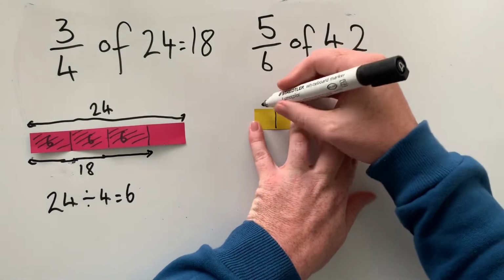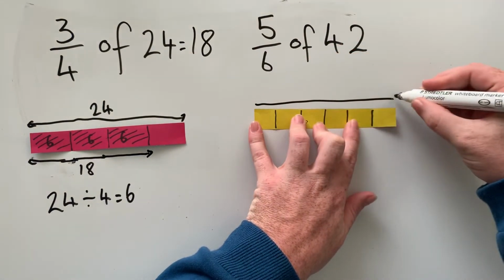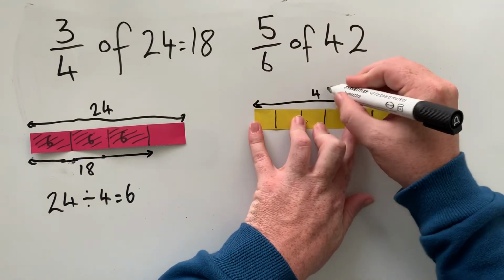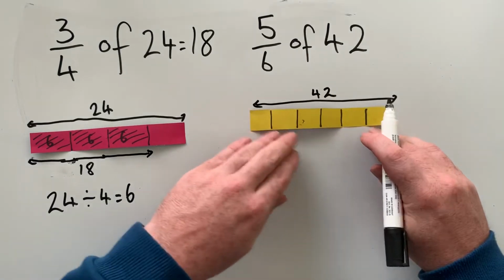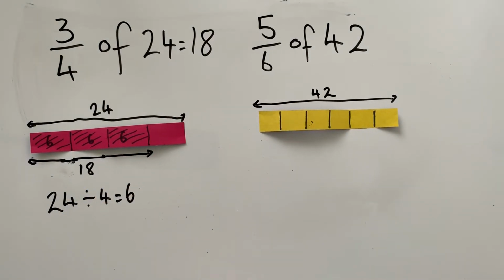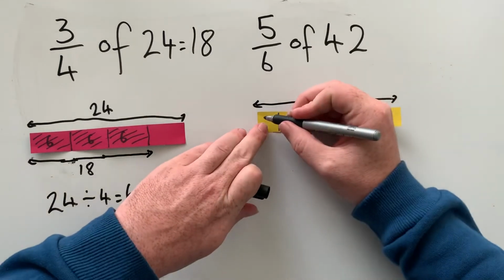So a total 42. Okay, and we need to find out the total of 5 of those groups.